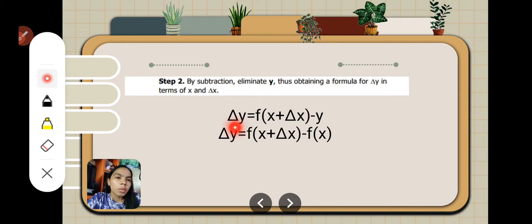This will be the equation: delta y is equal to f of x plus delta x minus y, where the value of y is f of x. So this is step 2 for the derivative.